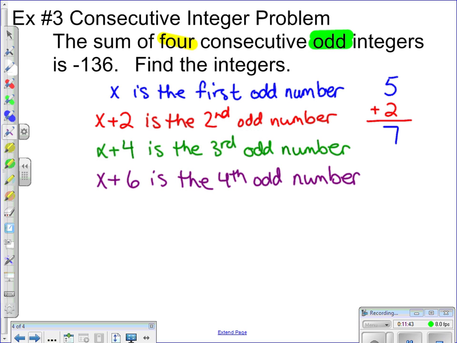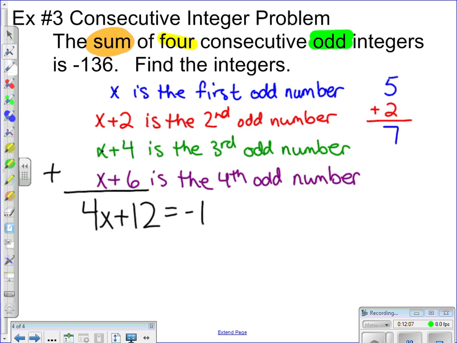Now these 4 numbers are going to sum. So I'm going to add these 4 numbers up. x, x, x, x is 4x. 2 plus 4 plus 6 makes 12. And all of that adds up to negative 136. I get that from the problem.